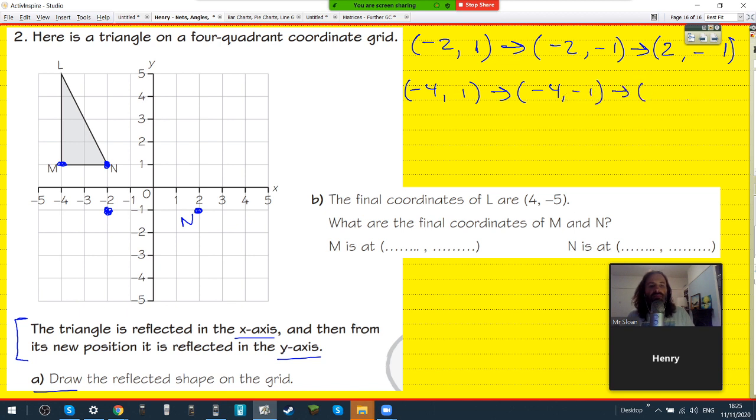And then 4 and 1. 4 and minus 1. Yeah. So that one is 4, minus 1. And L.